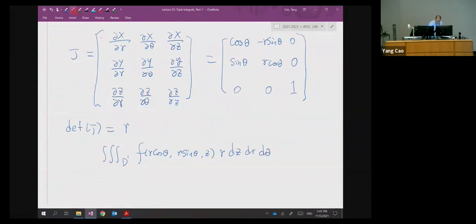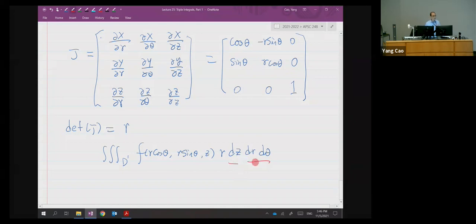So you notice that I have purposely written the dz first in the order, and then dr, d theta, right? Yeah. So the reason is basically I'm trying to remind you that the best order for cylindrical is to do the dz first, and then dr, d theta.